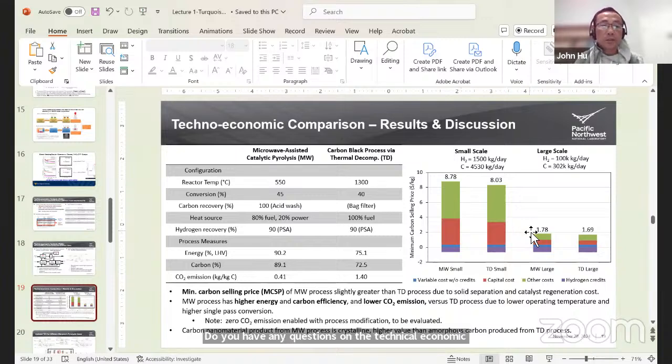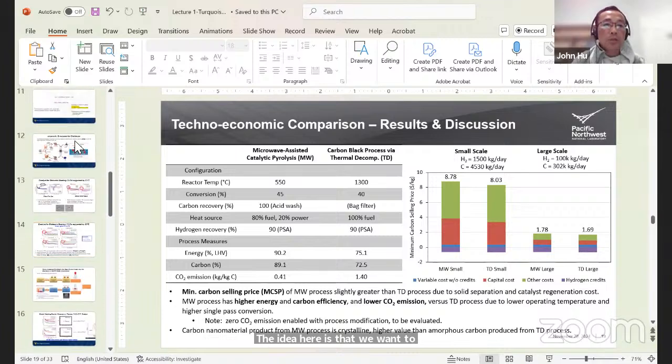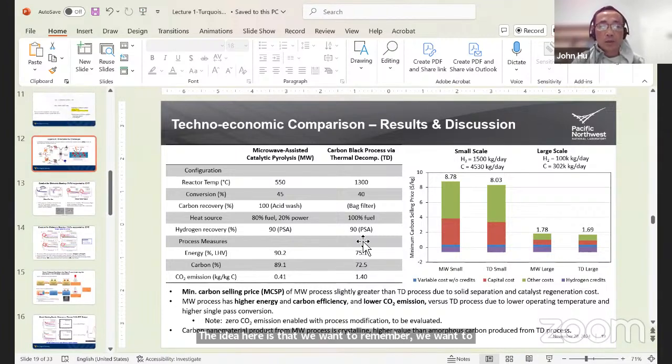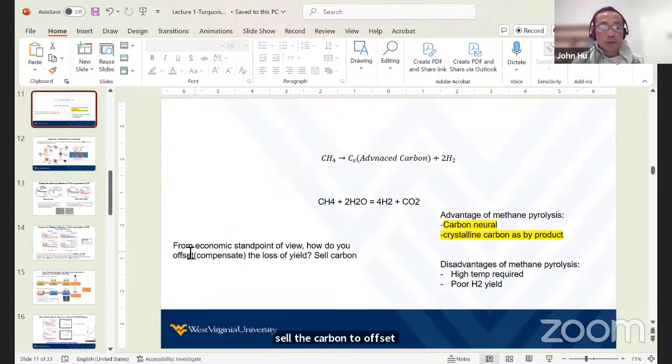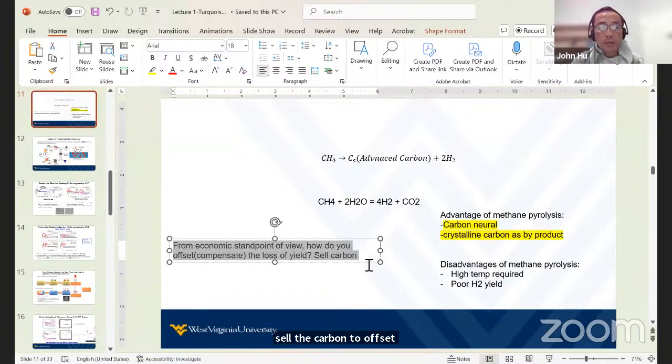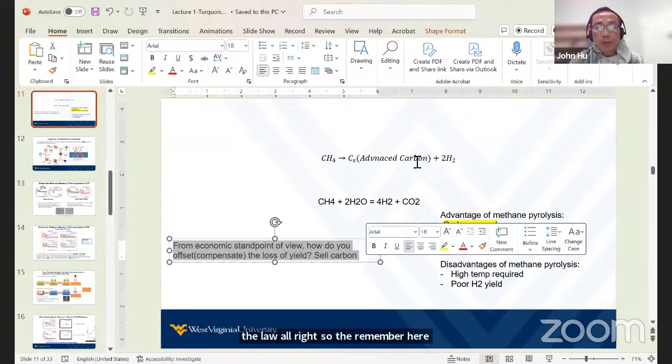The idea here is that we want to sell the carbon to offset the loss, all right? Keep remembering: in methane pyrolysis you produce 2 hydrogen, and in methane steam reforming you produce 4 hydrogen.